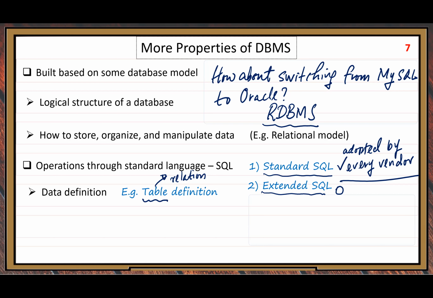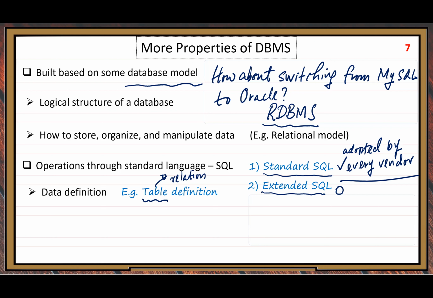Table is the business name. In the business world, we use table. In academia, we use relation, because this database model started in academia.